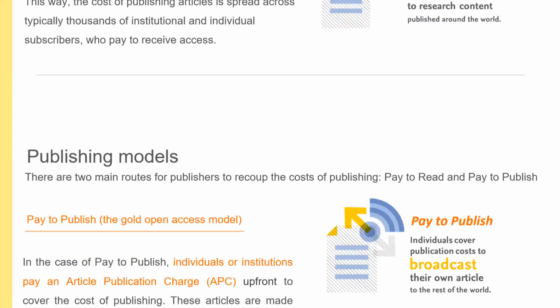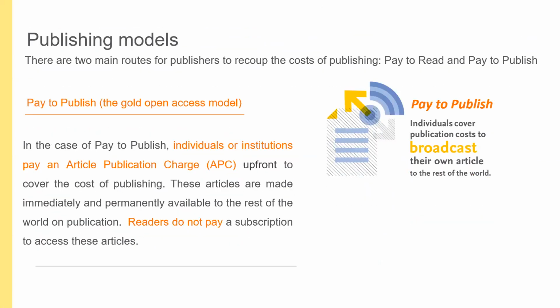The other publishing model is pay to publish, which represents the second type of journals, which are open access. So open access journals have that model, which is pay to publish. Who will pay in that model? The author pays in that model. In the case of pay to publish, individuals or institutions pay an article publication charge, which is called the APC, upfront to cover the cost of publishing.